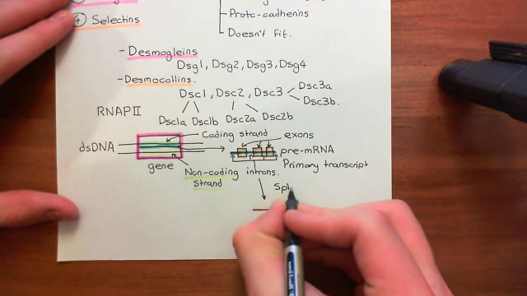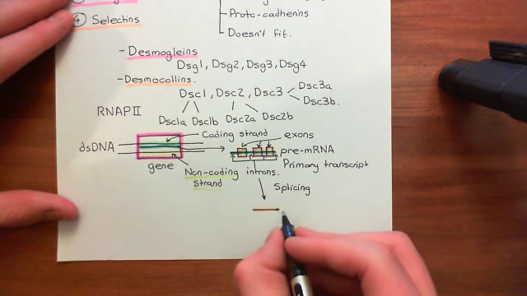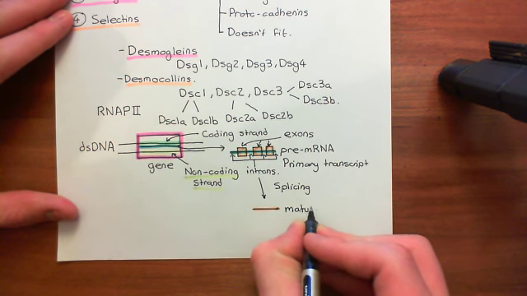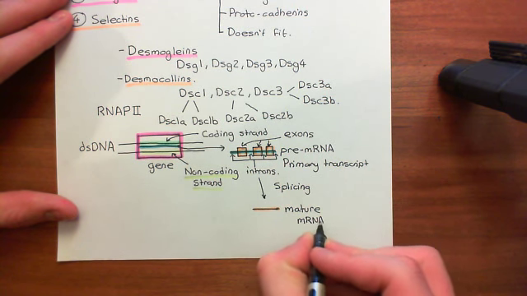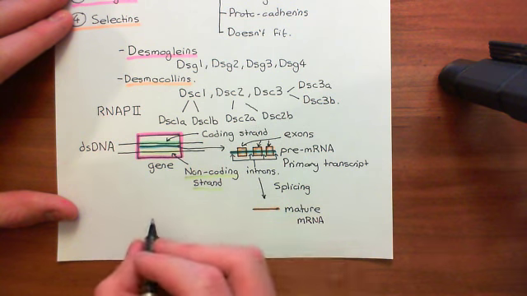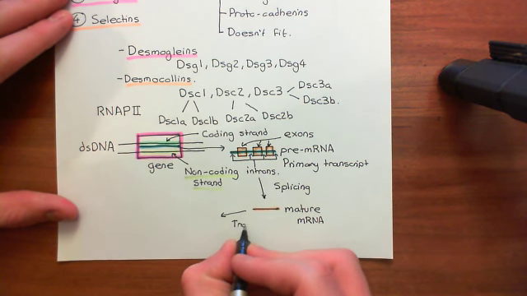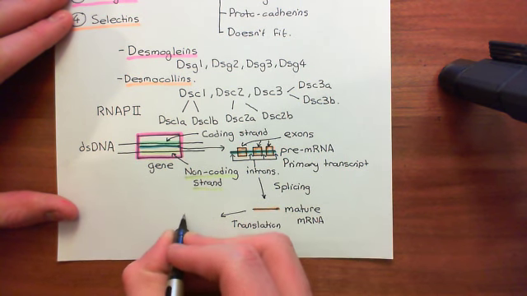This process of chopping the introns out and then re-gluing the exons together is known as splicing. The final piece of mRNA you get here is known as the mature mRNA. This can now go through a ribosome. It can be translated and turned into a protein.